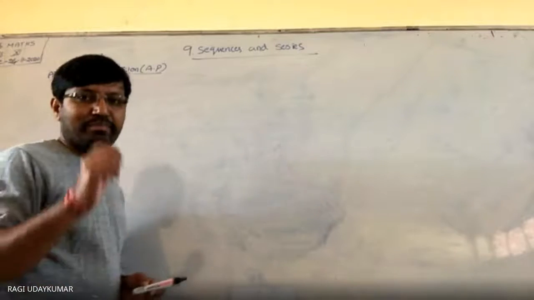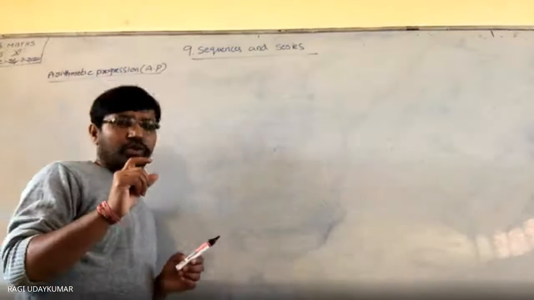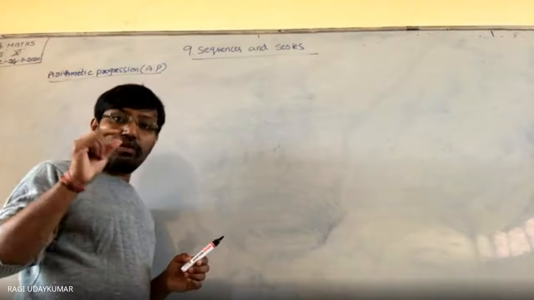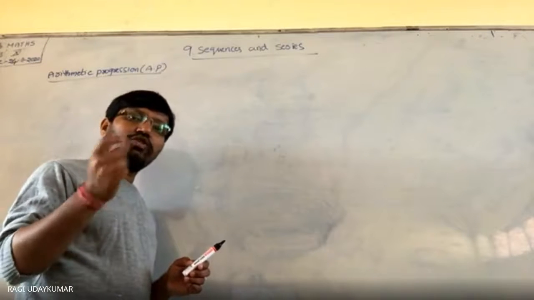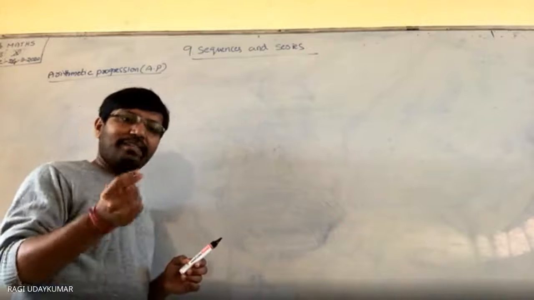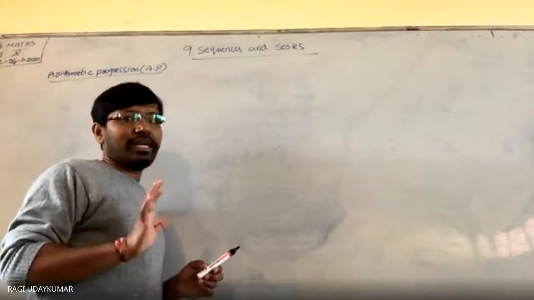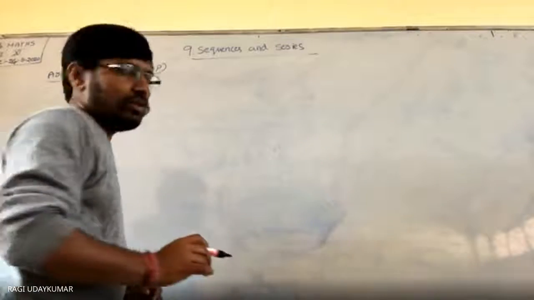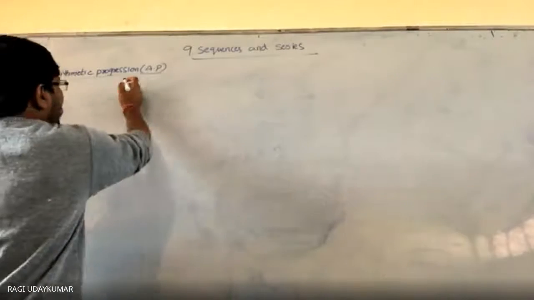That means, leaving the first term, all the remaining terms will be obtained by adding a constant to the previous term. Okay, so that is the definition of the arithmetic progression.